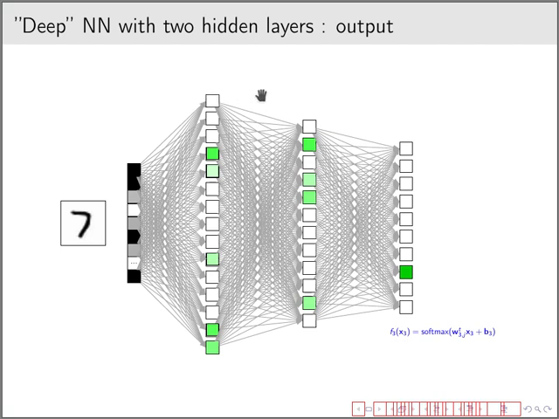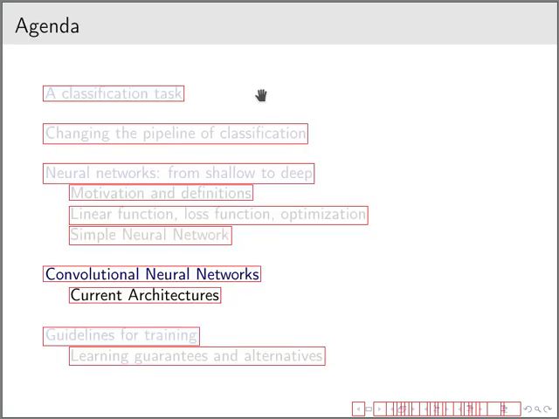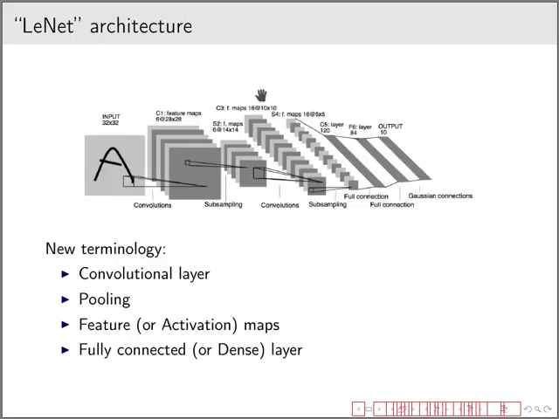It doesn't consider that a pixel, for example, is centered at some region and that it has neighbors in the vertical, diagonal, and horizontal directions. So this is why convolutional neural networks were developed.